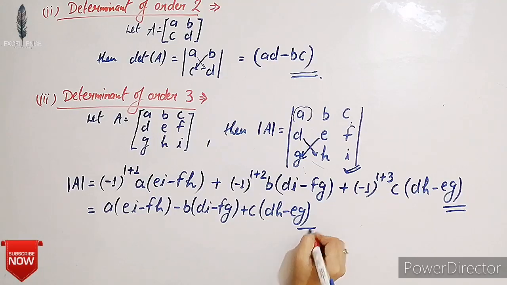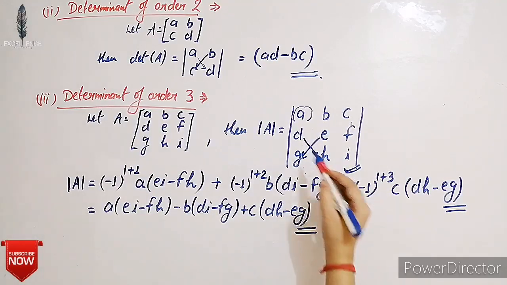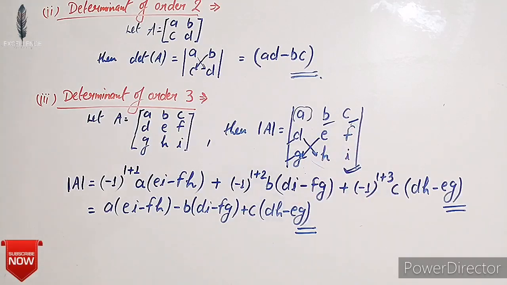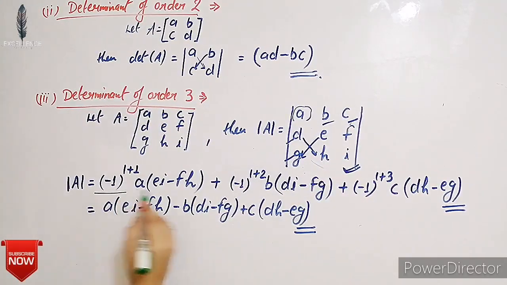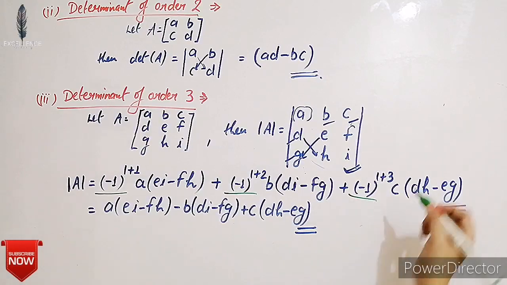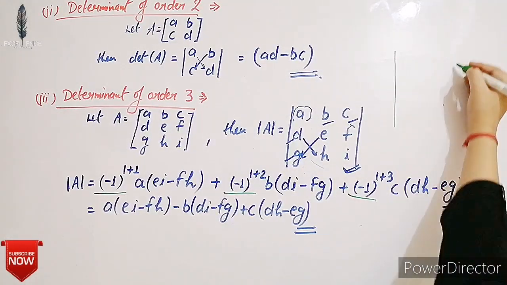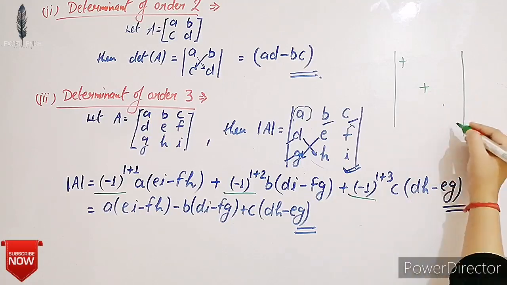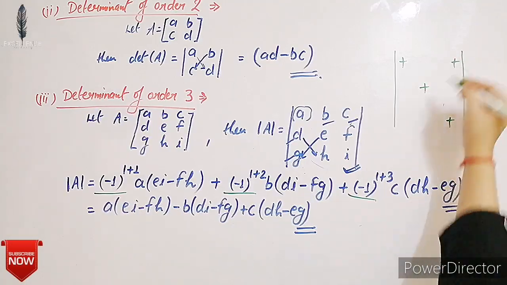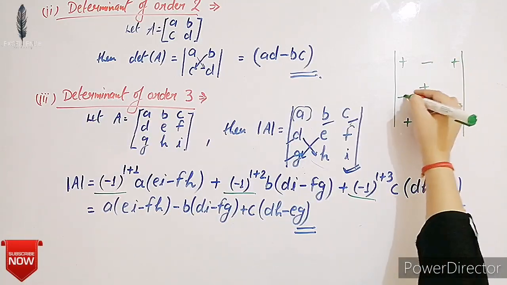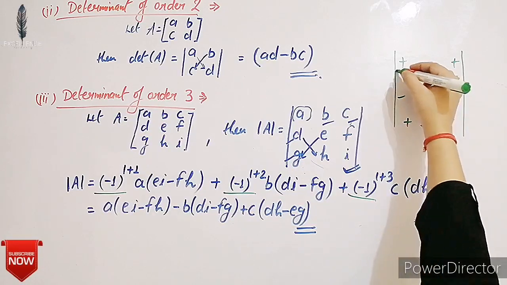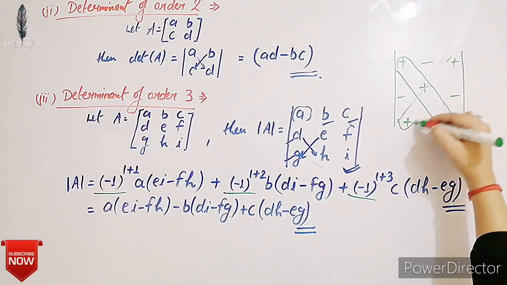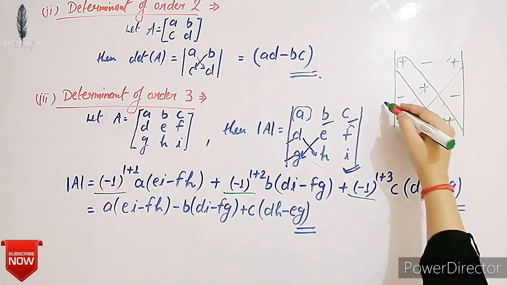Similarly, you can expand a given determinant along any row or any column. For the sign concept, you can remember this short trick. In this trick, all diagonal elements take positive and non-diagonal elements take negative.